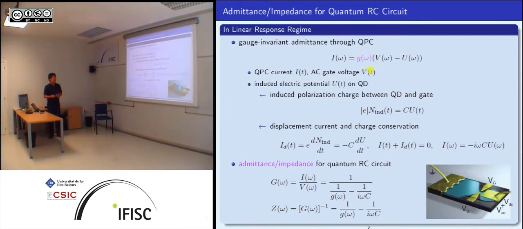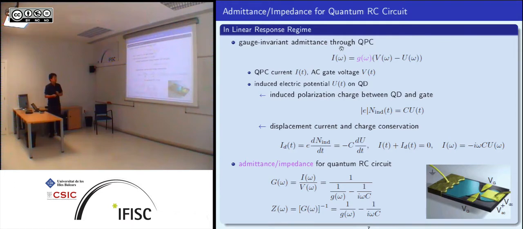To do that, we need to calculate the admittance. We are mostly interested in the linear response regime, where the perturbation is very small, so every response is linear in the external perturbation. Then we can have a proportionality constant between the response and the perturbation.